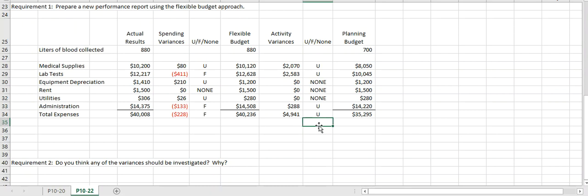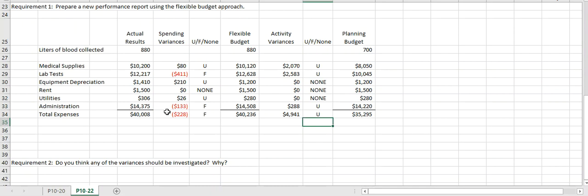So the unfavorable activity variance, as I already said, was due to the fact that we did 20% more blood collection than we anticipated. So we should expect this activity variance to be unfavorable because we did more work, we had to spend more money. So as far as the right-hand side of this chart, I would say no, I wouldn't really worry about any of this because probably all of this can be explained by the increase in activity.